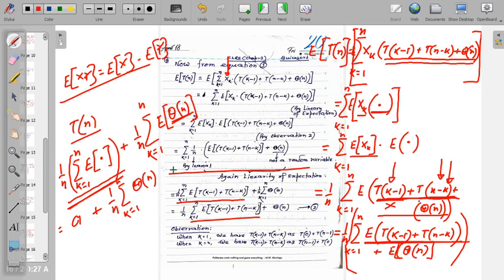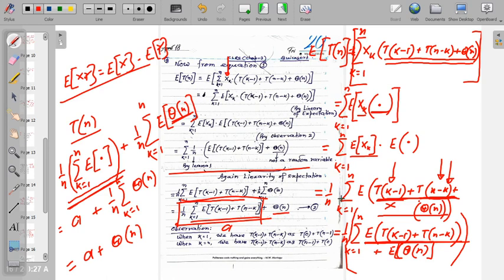So it will be theta n. So it becomes this term plus theta n, which is what we have written over here. This is our theta n. So this much we have got. We are simplifying it slowly and gradually.